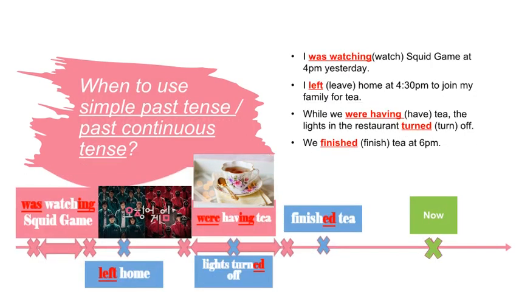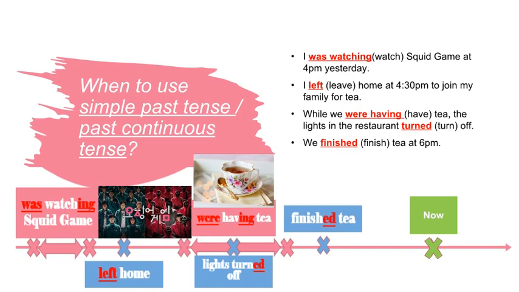The answers come as follows. Sentence 1. I was watching Squid Game at 4 p.m. yesterday. Watching is an action that was happening in the past at a certain time, 4 p.m. Sentence 2. I left home at 4:30 p.m. to join my family for tea. Left is a past action at a specific point of time, 4:30 p.m. Sentence 3.